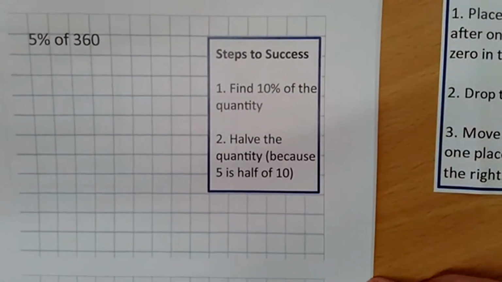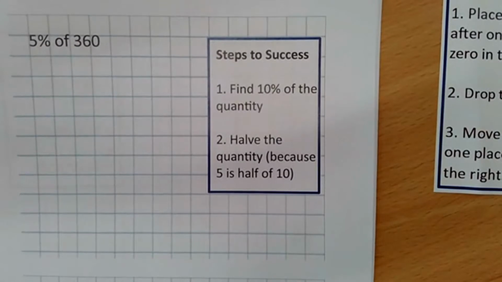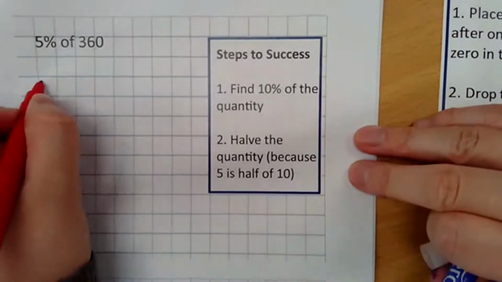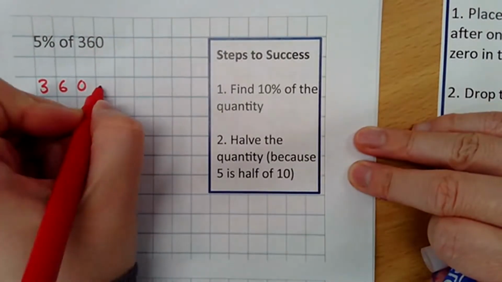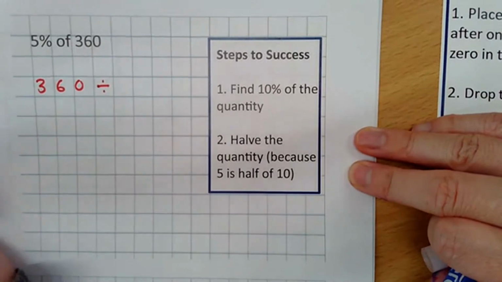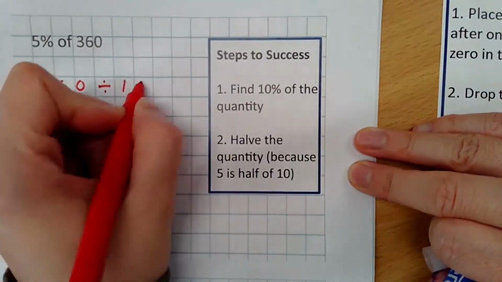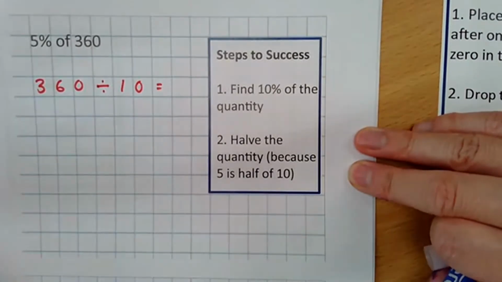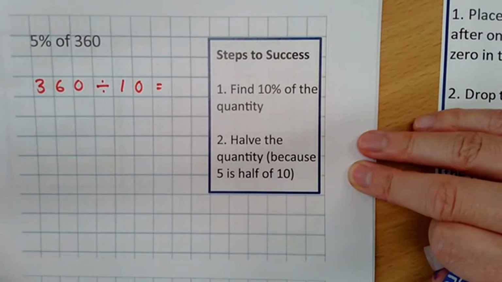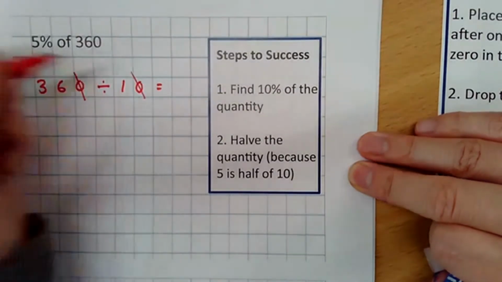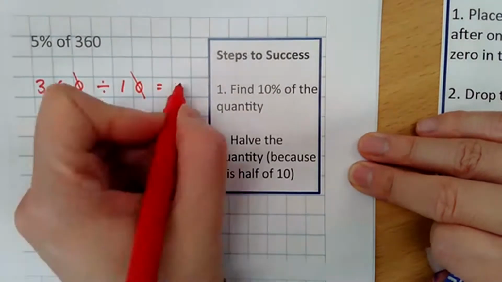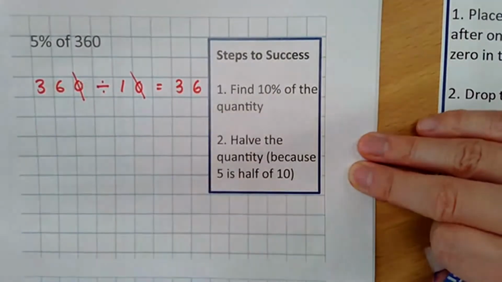Let's take a look at this. 5% of 360 is, first of all, 10% of 360. Tell me, what's my answer? Good, how do you know? Excellent. 36 divided by 1 equals 36.